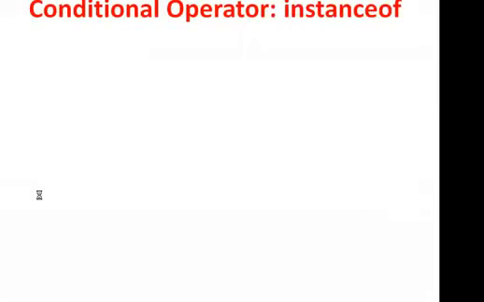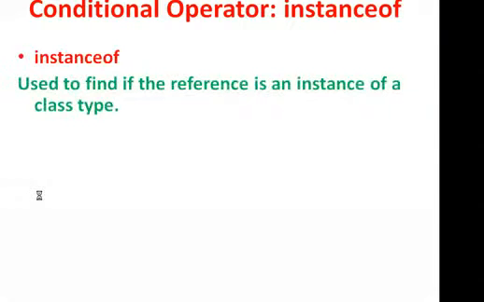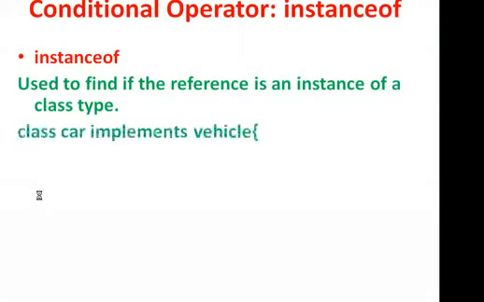And coming to the conditional operator instance of, this can be used to check if a reference is a type of a particular class type or an interface type. Say I have a class known as car and I have created an object car c is equal to new car.